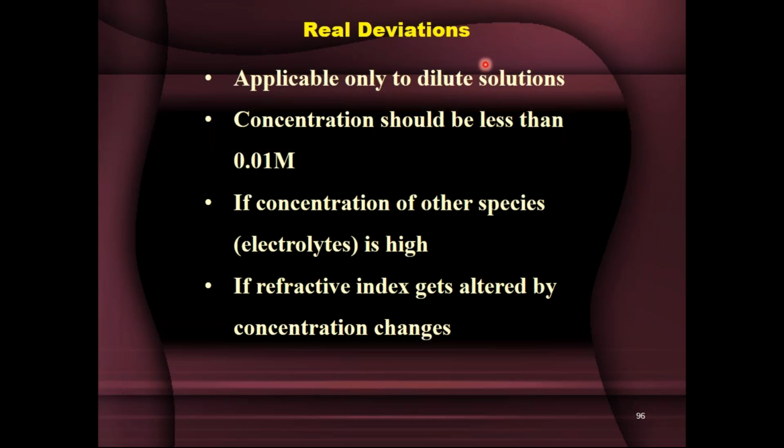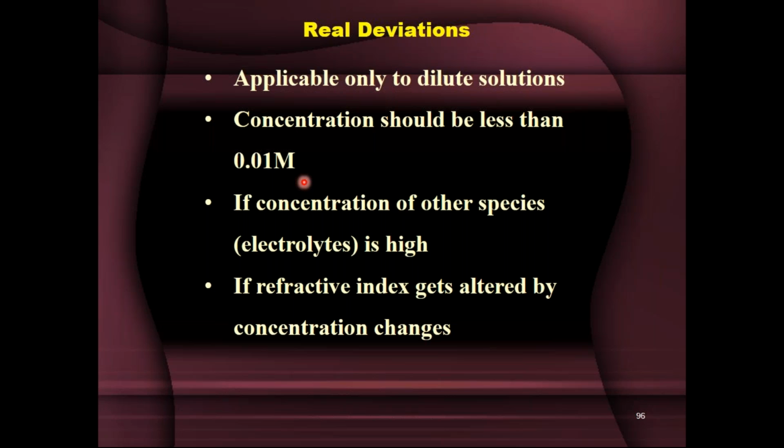So we cannot say it should be 1% solution or 2% solution. It varies based on the molecular weight of the given substance. So that's why the molarity is given. So concentration of a given solution should be less than 0.01 molar. Then it is considered an appropriate dilute solution.